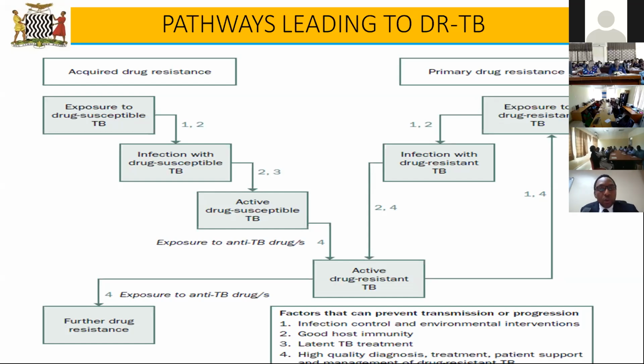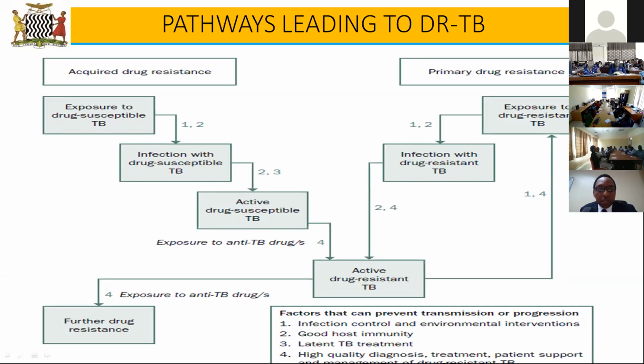I'm sure we all remember the term mutation. So what happens is that a TB bacteria learns or adapts itself to live in an environment where there are TB drugs. So it's where replication of a TB bacteria takes place in the presence of drugs.